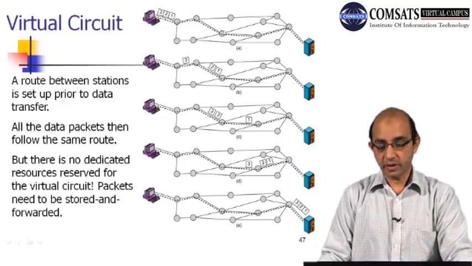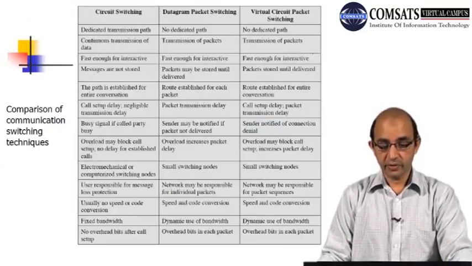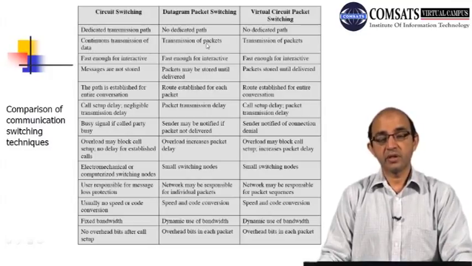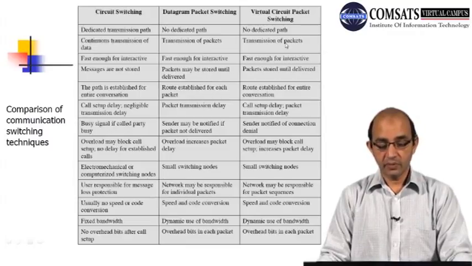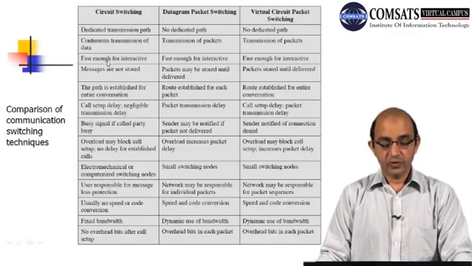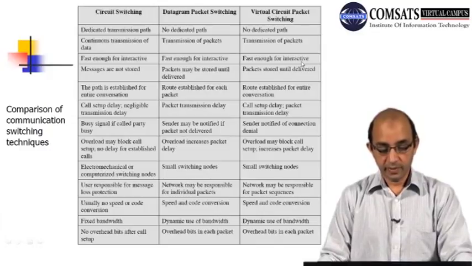We can establish the circuit this way, or there can be different possible ways to establish it, so no dedicated path is required in case of virtual circuit packet switching. So continuous transmission of data, transmission in packets, and again transmission in packets. Fast enough for interactive communication.